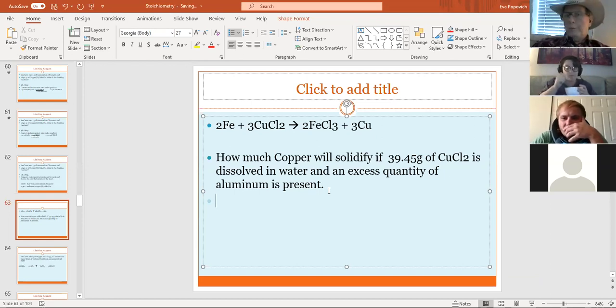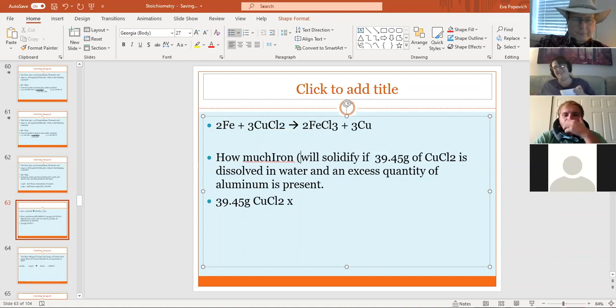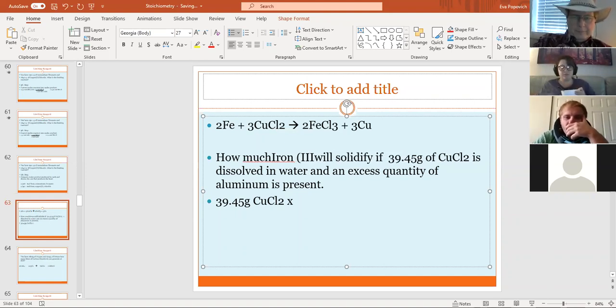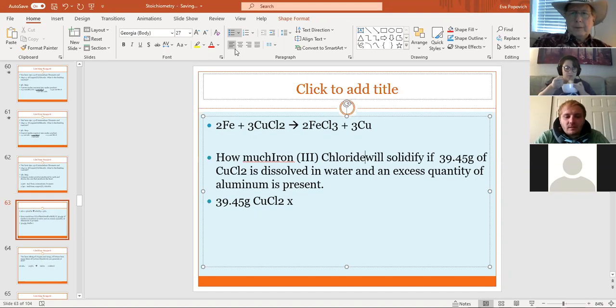You'd go grams to moles. Grams to moles. So I'm going to take my 39.45 grams of CuCl2, and I'm going to multiply that by what?